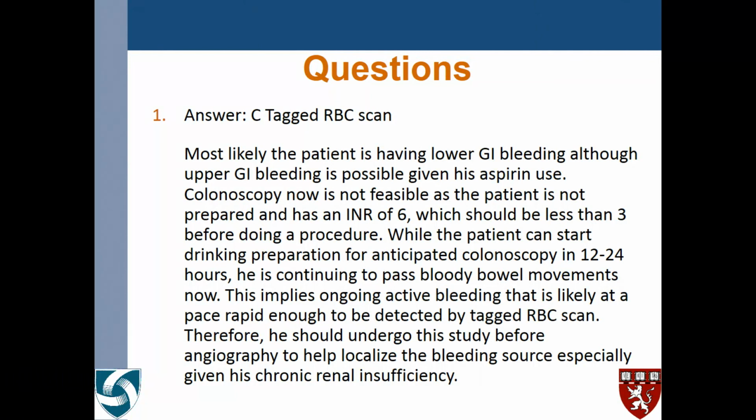While the patient can start drinking preparation for anticipated colonoscopy in 12 to 24 hours, he is continuing to pass bloody bowel movements now. This implies ongoing active bleeding that is likely at a pace rapid enough to be detected by tagged RBC scan. Therefore, he should undergo this study before angiography to help localize the bleeding source, especially given his chronic renal insufficiency.